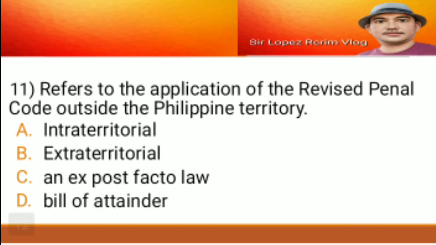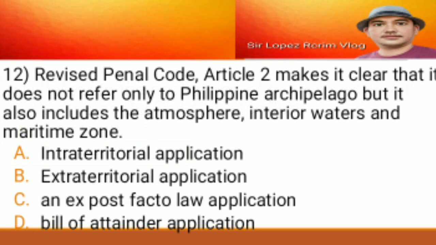It is one of the limitations of Congress to enact penal laws. But in question number 11, we are referring to the application of the criminal law outside the Philippine territory. So, the correct answer here is letter B, extraterritorial.